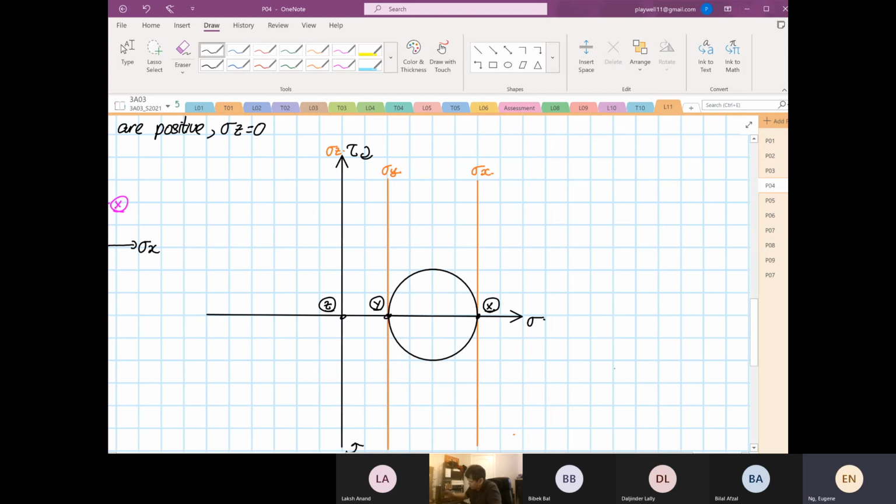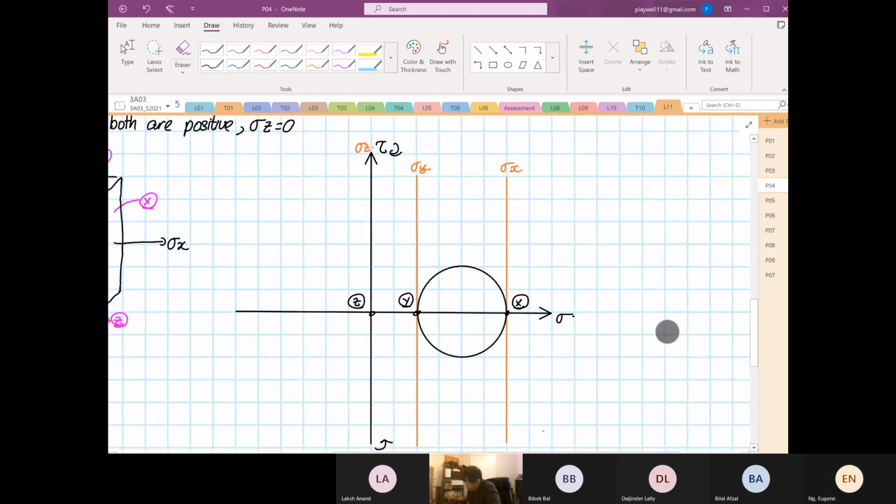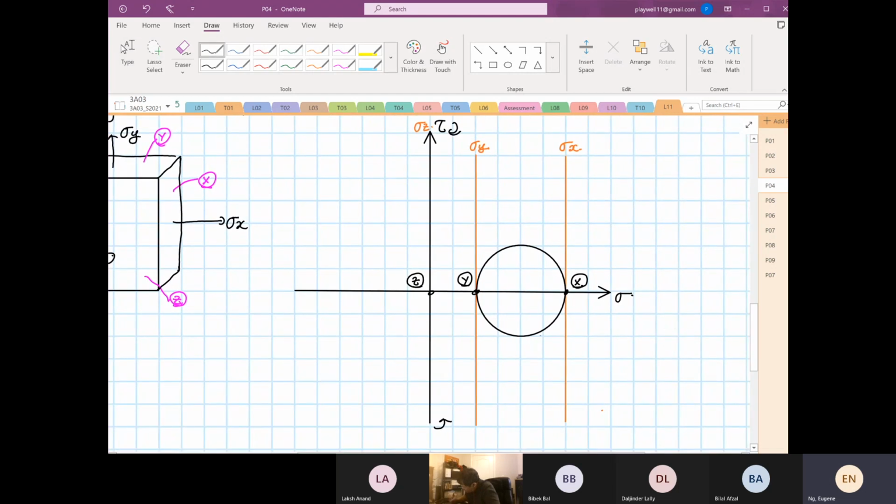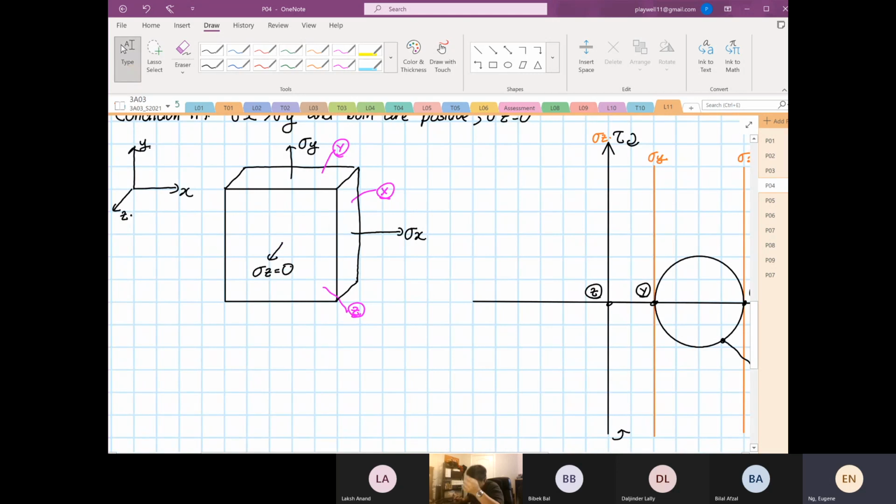So this circle that we have just drawn, right? It is for the XY plane. And the XY plane is our in plane, right? Because it has the biggest surface area, right?